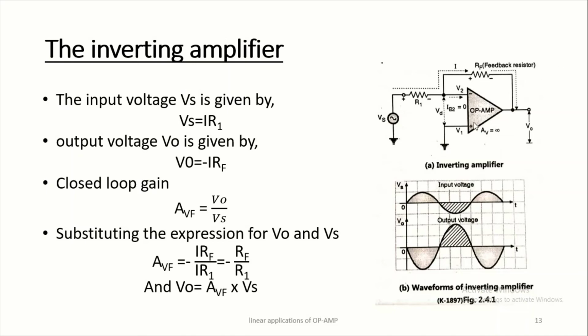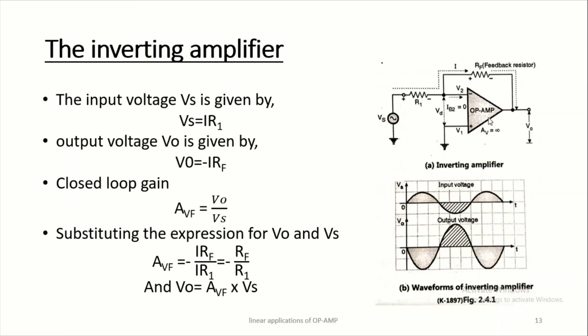The non-inverting terminal, the plus terminal of the op-amp, is connected to ground, so V1 is equal to 0 volt. Using the virtual ground concept, we can say that the inverting terminal, the negative terminal, is also at ground potential, therefore V2 is also 0. Thus V2 is at the virtual ground potential, so V1 and V2 are both 0 volt.